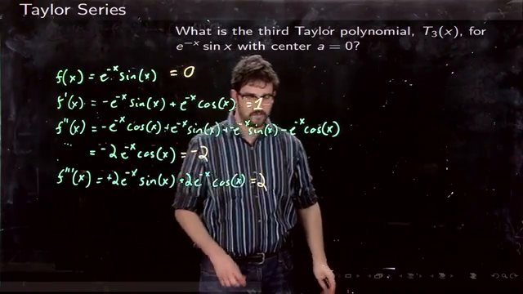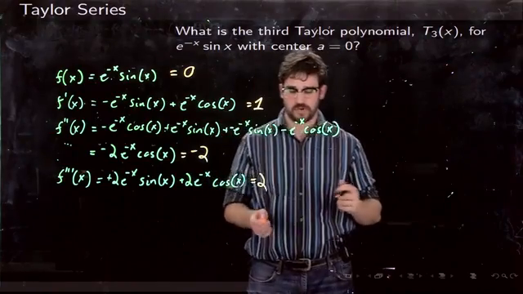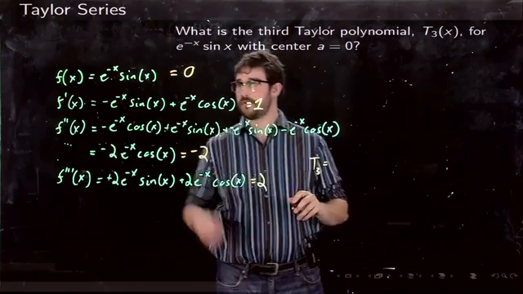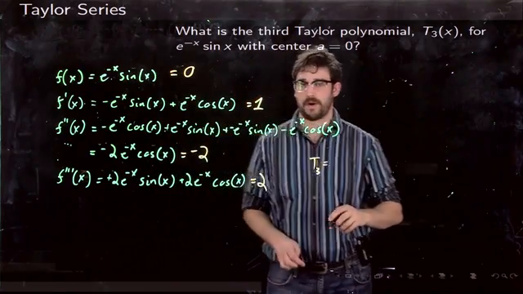So we have all our coefficients that we need, so we just create T3, which we have 0, so we don't need to put that part in.